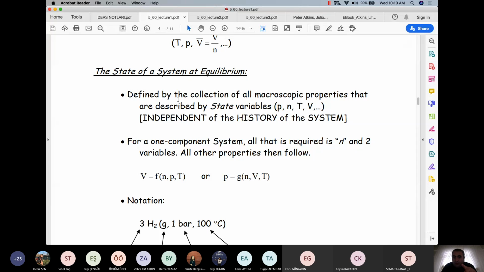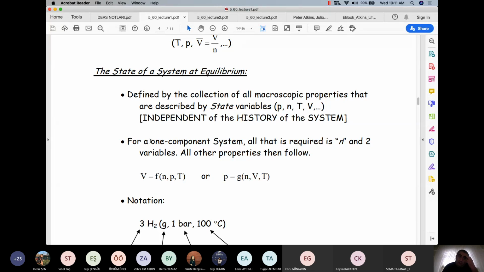And this state does not need knowledge of where it's coming from or how it came to that point. It does not need any information about that. What it needs is only exactly what the state variables are at that point. We will see this in a bit, that some variables are state variables, some are not, and you will understand better on that.